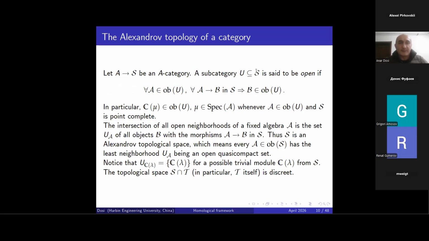Now let's fix an A category and look at a subcategory. A subcategory U is said to be open if for every object in U and morphism in S, it contains the targeting object B as well. So once you have an object and a morphism from A to another one, that one will also be inside of U. If this happens, we say that U is open.